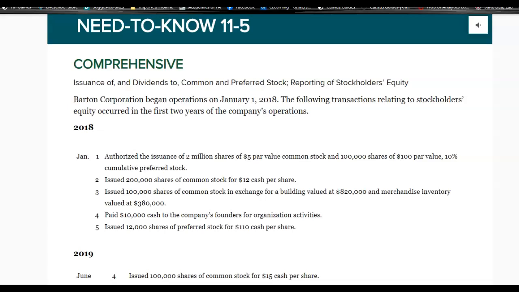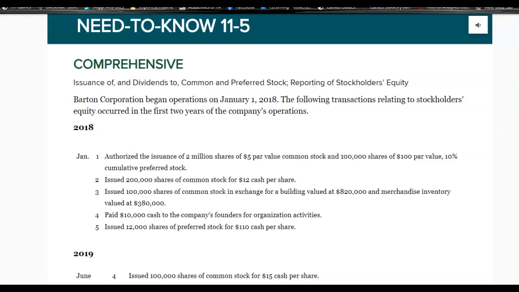So the way this would get recorded is that you would have an account for common stock. And so the common stock account would record the number of shares at par value. So we'd have the 200,000 shares times $5 per share. And so that would be $1 million. So $1 million would be recorded in common stock.